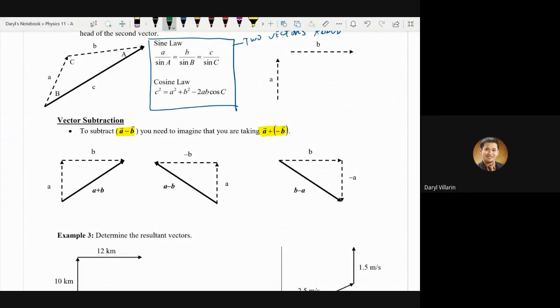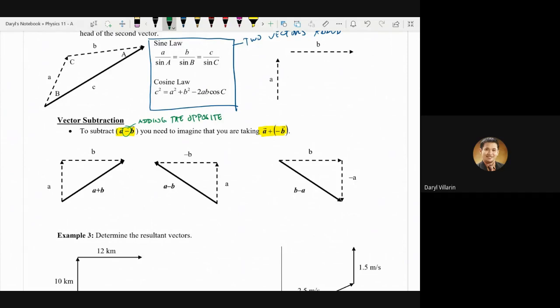If you can remember, when you talked about integers in maybe grade 7, one way of looking at subtraction is adding the opposite. The subtraction symbol is the same thing as adding the opposite.